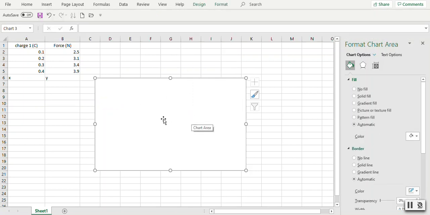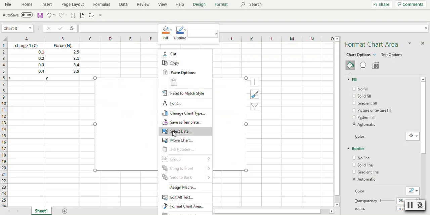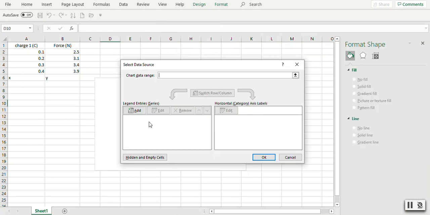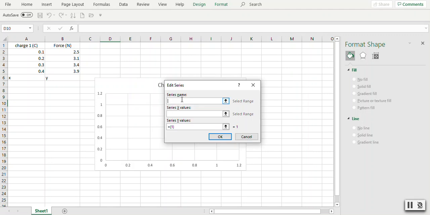When you have this on your screen, you make a right click and then say select data. When you say select data, you say, okay, I'm going to add data here. I can say this is Coulomb's law. Here in series name, we say Coulomb's law.